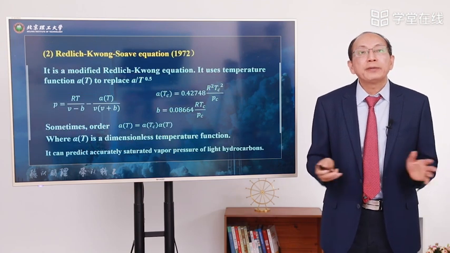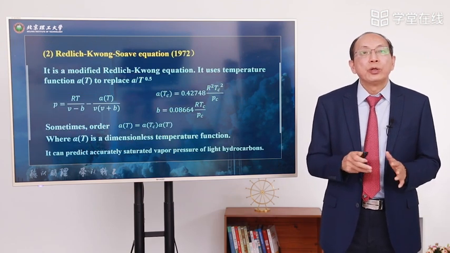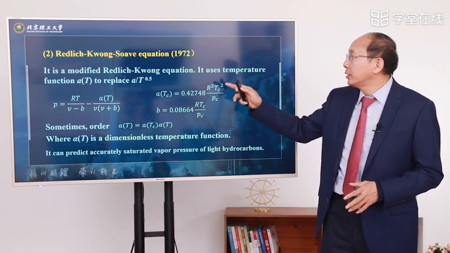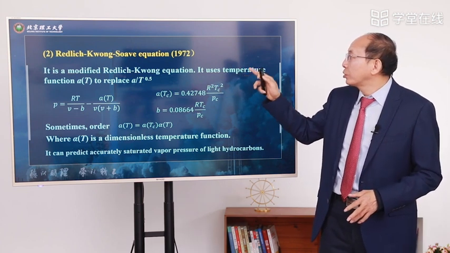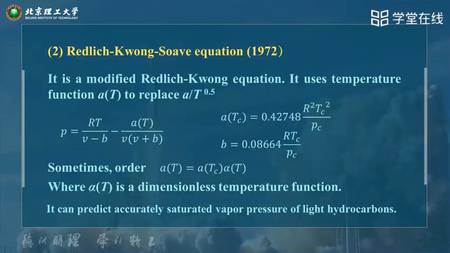Okay, the second very good real gas equation is the Soave-Redlich-Kwong equation. It is a modified Redlich-Kwong equation. It uses a temperature function A(T) to replace A over T power 0.5. Here A is a function, not a constant.